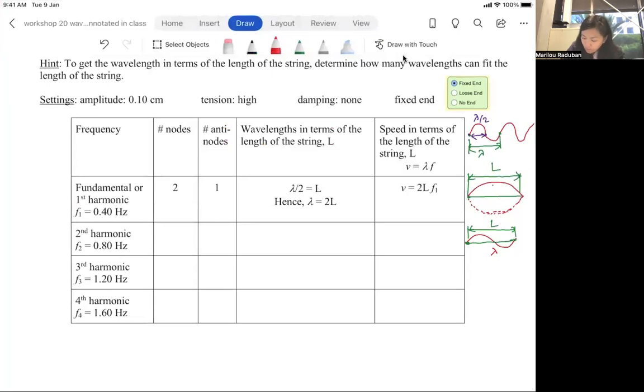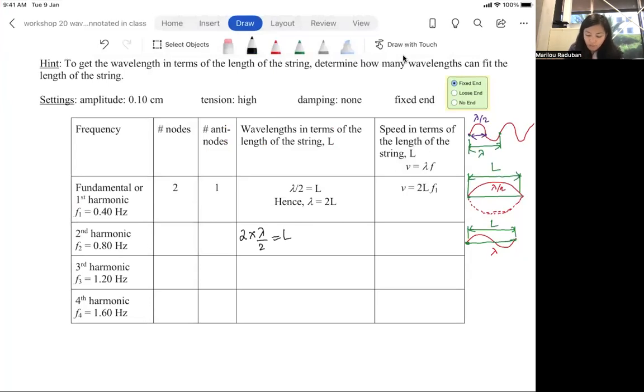For the first one, you had half a wavelength. So if you write a relationship between the wavelength and the length, 2 times half a wavelength is equal to 1 wavelength.